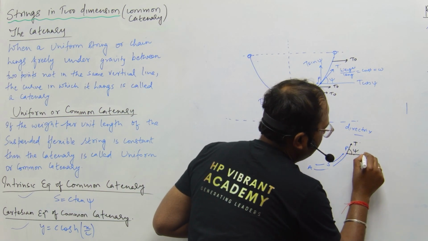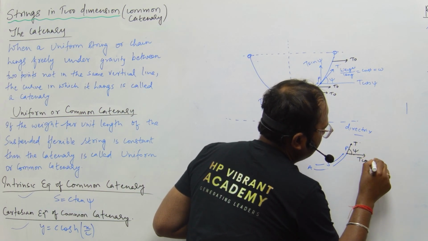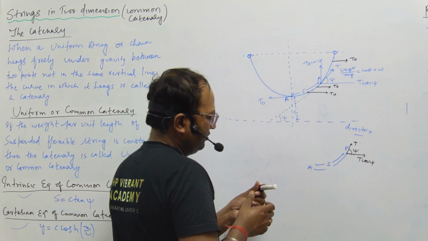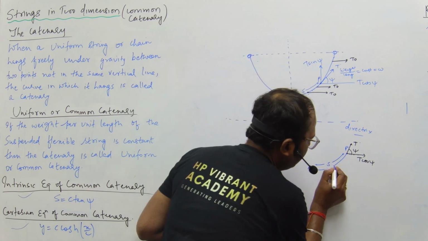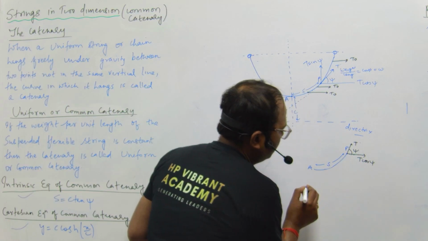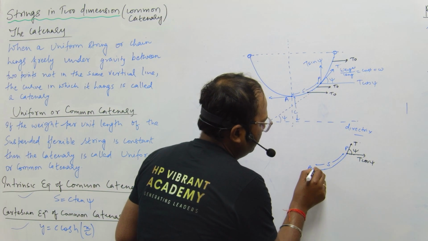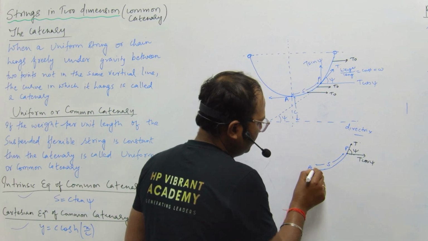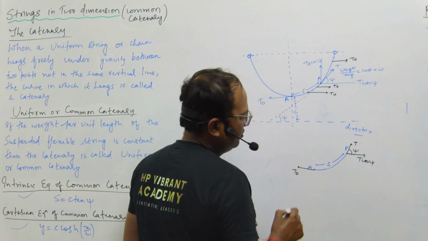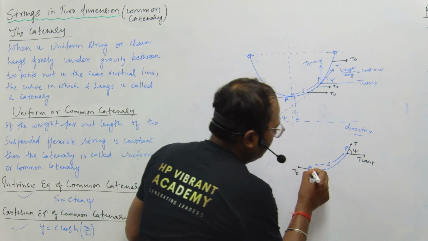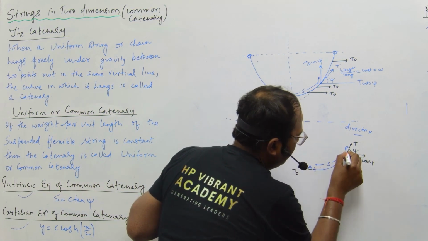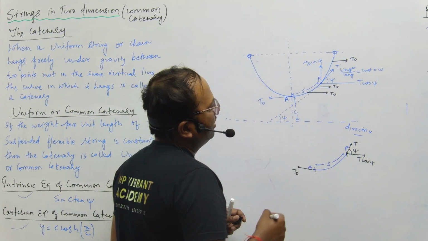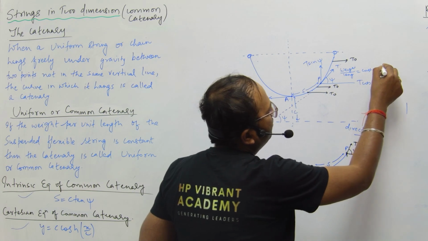So in the horizontal direction this is T cos psi, and at point A the tension is in the horizontal direction. At point A we have the tension as T naught. Now we have the string from A to P. The length of this string is S, and the weight per unit length is w.